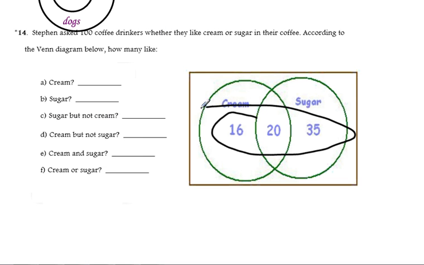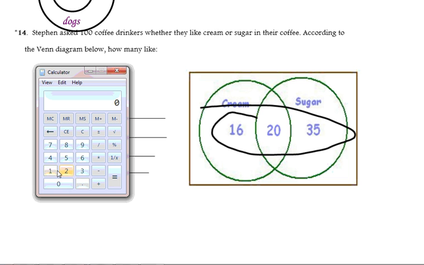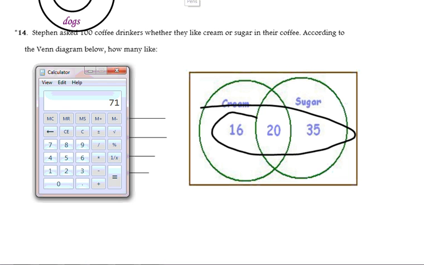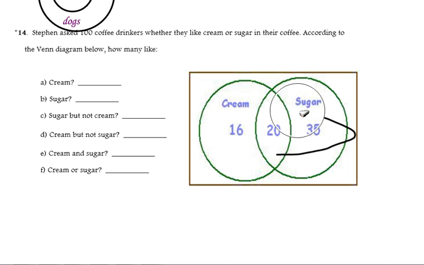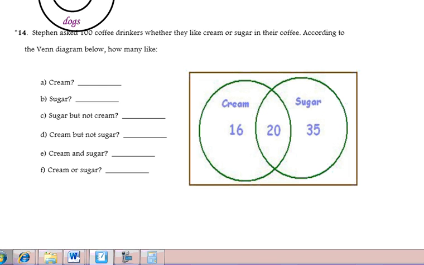Just looking at these three numbers, I can see right away that 16 plus 20 plus 35 doesn't equal 100 coffee drinkers. So there's one thing you're going to have to consider when you're presented a problem like that, and that is that there are people that didn't like cream or sugar, and you have to account for those people.